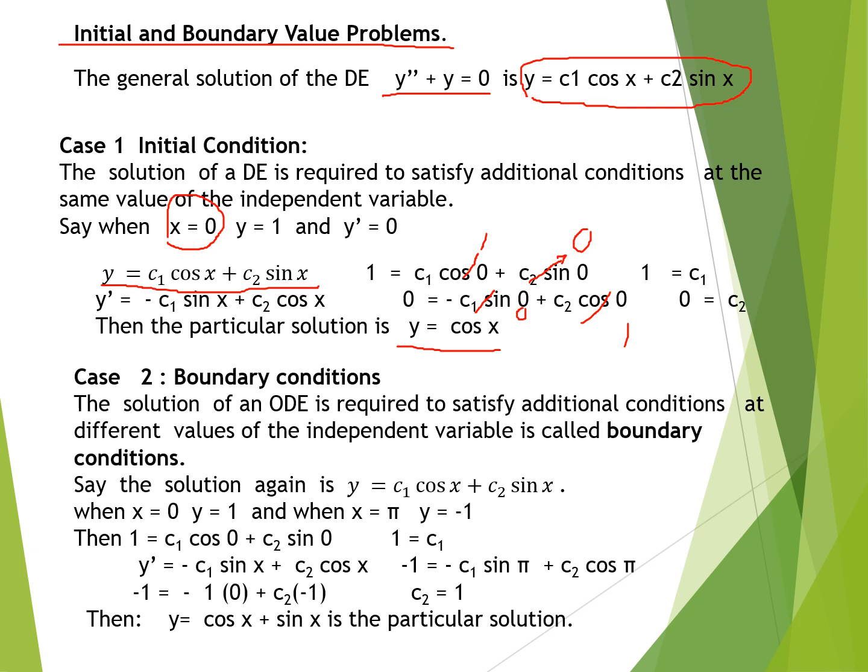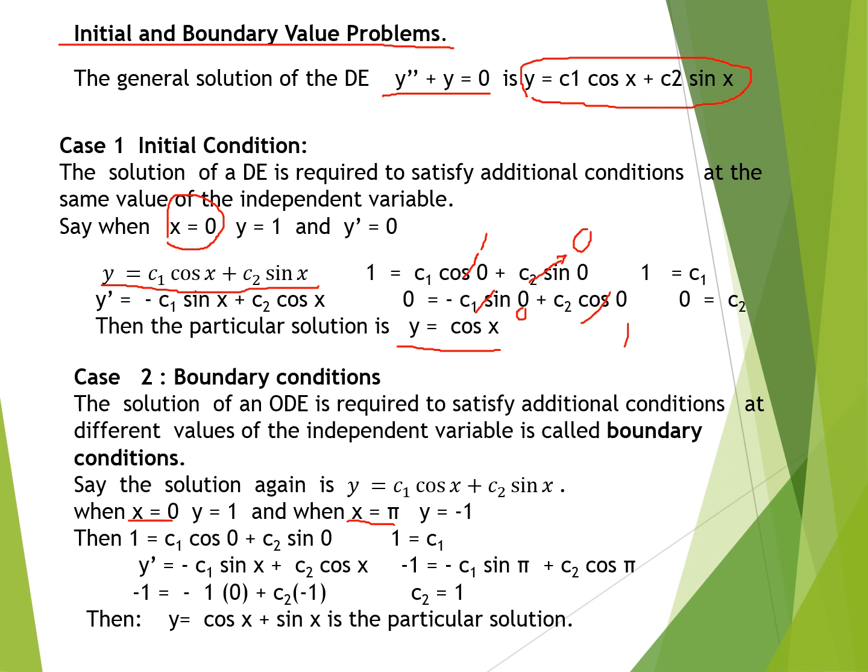Now the difference between an initial condition and a boundary condition is that in a boundary condition, there are different values of the independent variable. So in here, you see that the condition is when x is 0, y is 1, and when x is pi, y is negative 1. You see that there are two different values of the independent variable in order for us to determine c1 and c2.